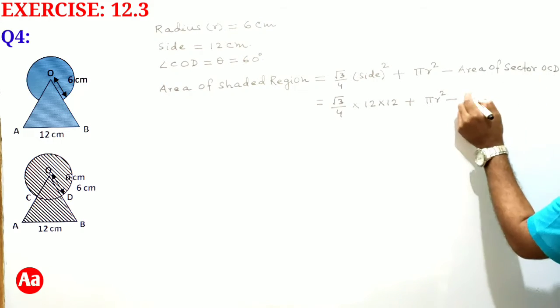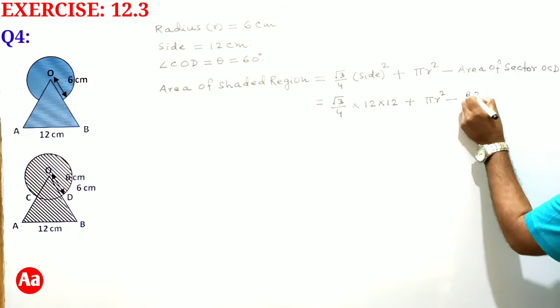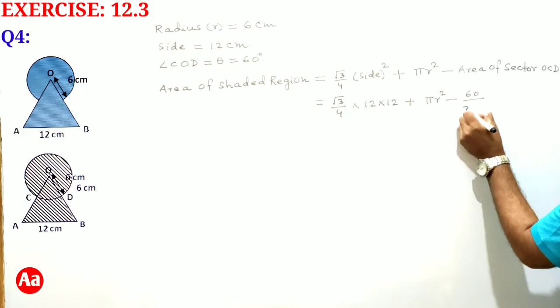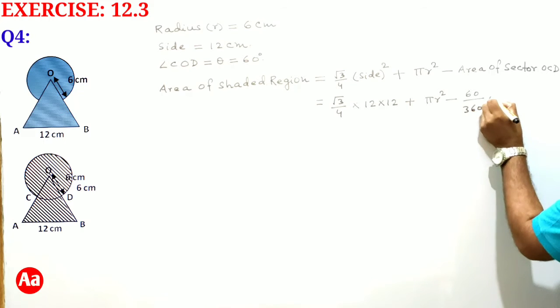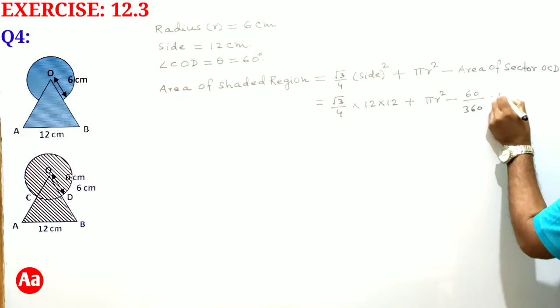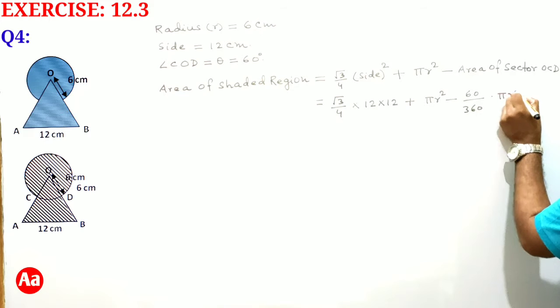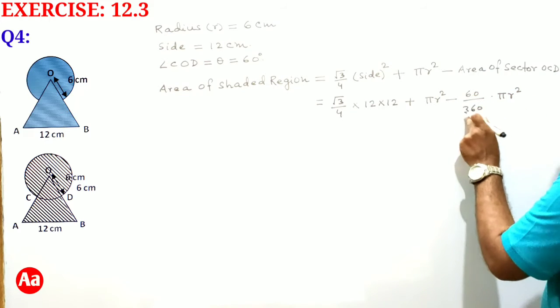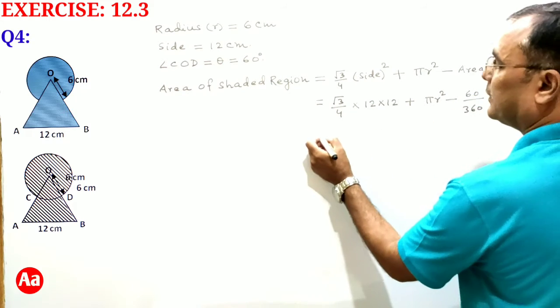We are going to use 60 degrees divided by 360 into pi r square.